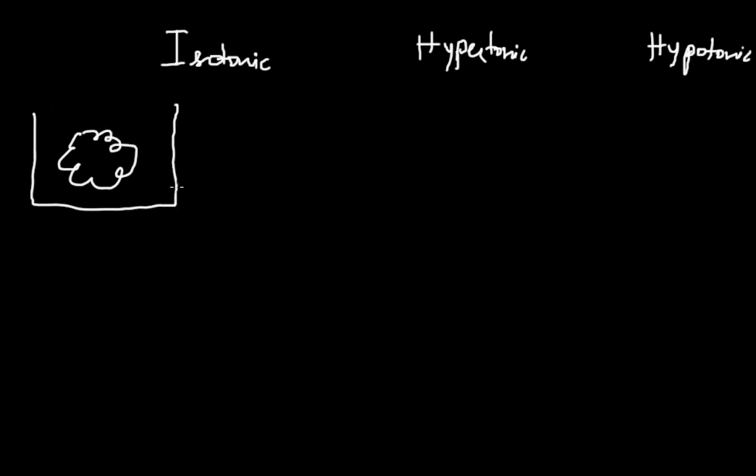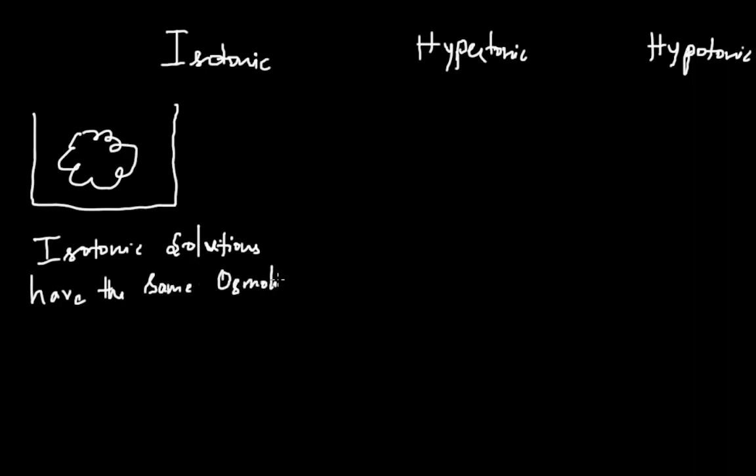In an isotonic solution, the two solutions have the same osmotic pressure at a given temperature.